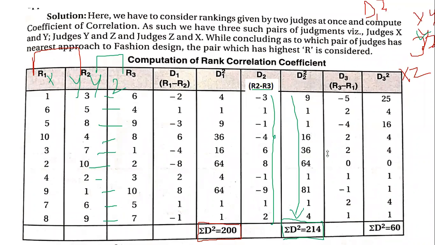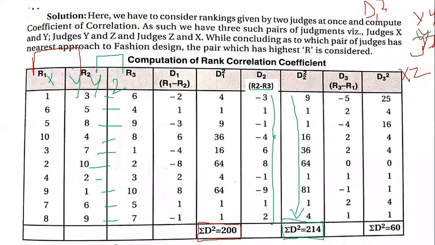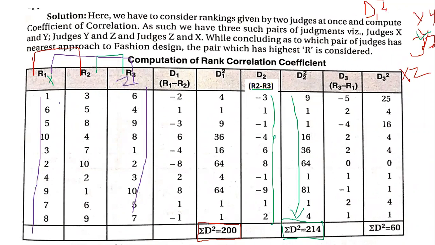Now the final pair that we are supposed to consider is X and Z, that is R1 and R3. Now what will be the subtraction? R3 minus R1.